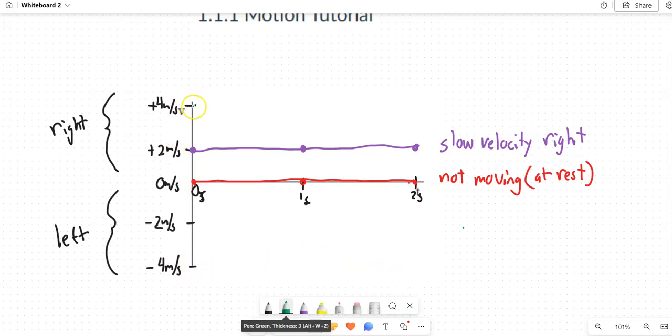So fast moving to the right is going to look like positive 4 meters per second at 0 seconds, positive 4 meters per second at 1 second, positive 4 meters per second at 2 seconds. So this looks like a constant velocity that is fast. This is fast velocity to the right.